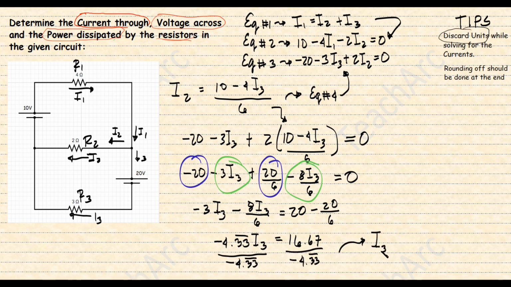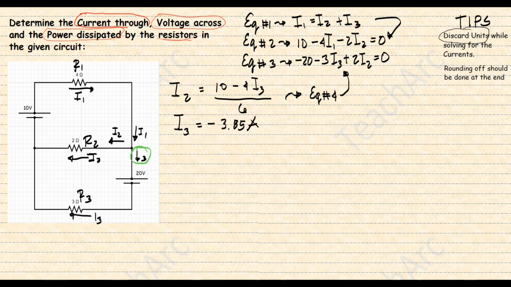Now let's talk about the negative sign here. The negative sign here means that the direction that I have chosen in the circuit is actually the opposite. But the magnitude here is correct, and that's the important thing. Now using the value of I3, we can solve for I2 using equation number 4.